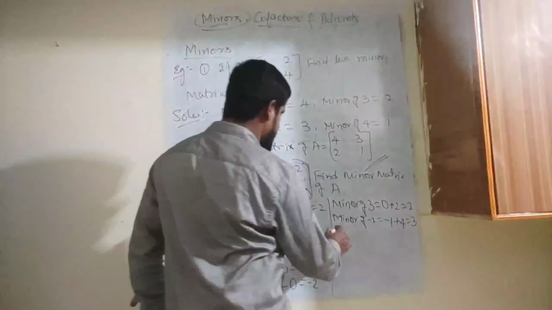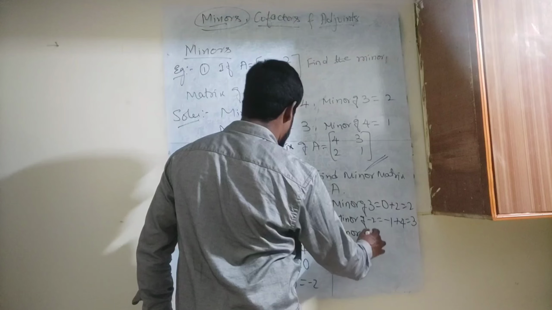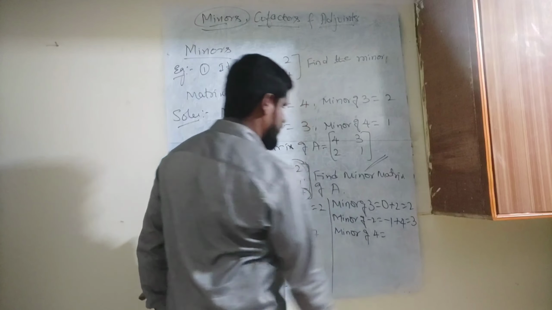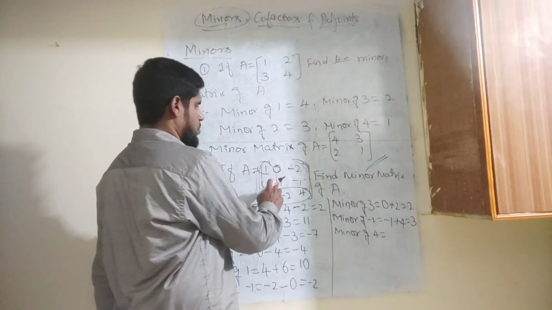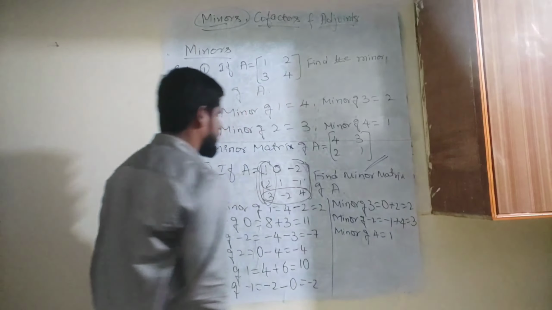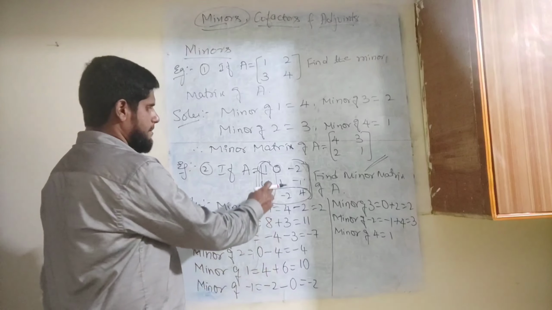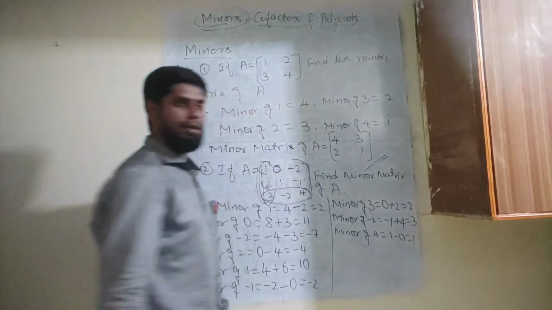Then minor of 4 is equal to 1 into 1, it's 1, minus 0, so it's 1.